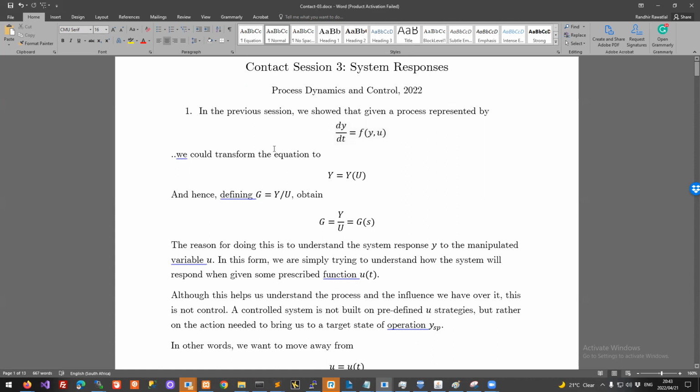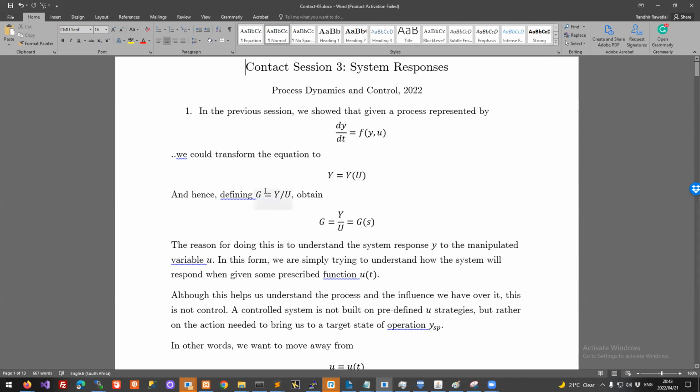So we showed in the previous sessions that you could transform this equation into a form that looks like this. So we can get the relationship between y and u. So you typically transform the derivative here into an sy minus y naught. And then you can relate that to the transformation on that side, and you'll get y as a function of u. Then we showed that we could define this transfer function.